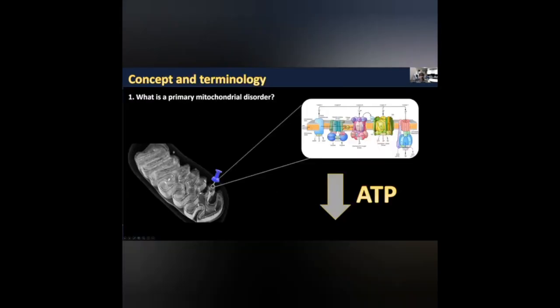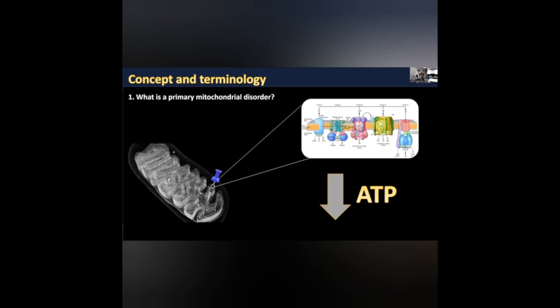Before starting talking about imaging findings, let's talk quickly about concept and terminology. What is a primary mitochondrial disorder? It is any kind of disease that may affect the mitochondrial function and be related to dysfunction or pathogenic variants in the mitochondrial genome or nuclear genome.